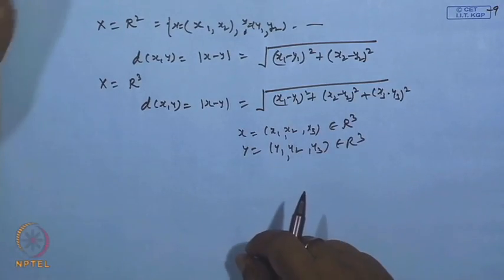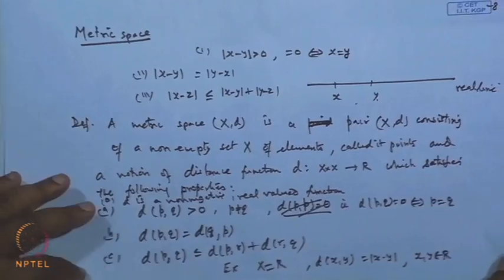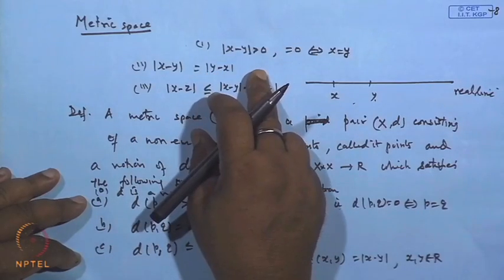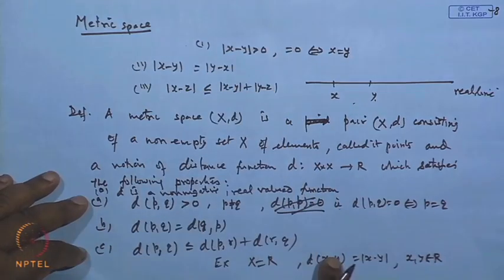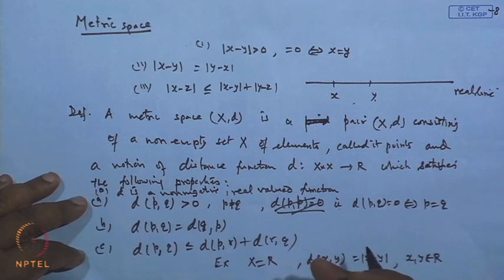What we are concerned with is that we have discussed the concepts of neighborhood, open sets, closed sets, open ball and closed ball in the real line with the help of the modulus function. We want to extend this concept to an arbitrary metric space, an arbitrary set with the notion of a metric.